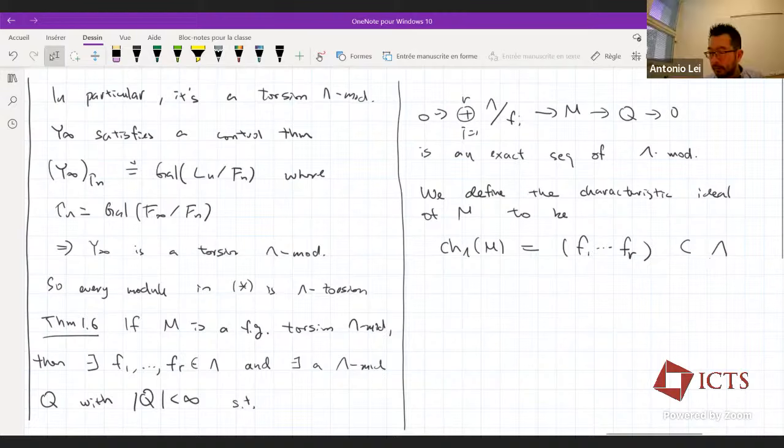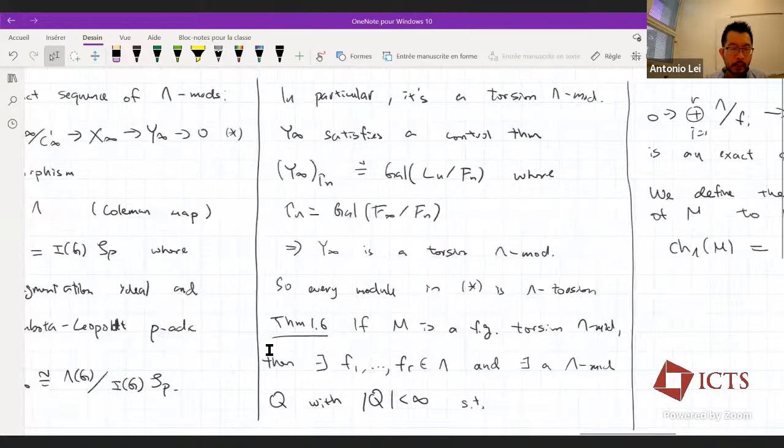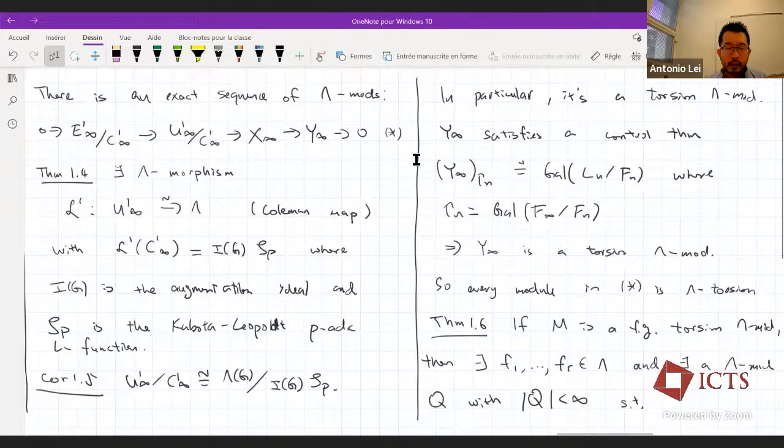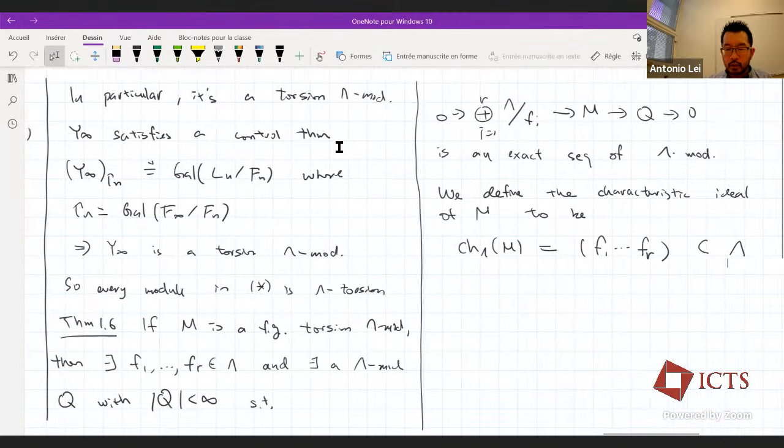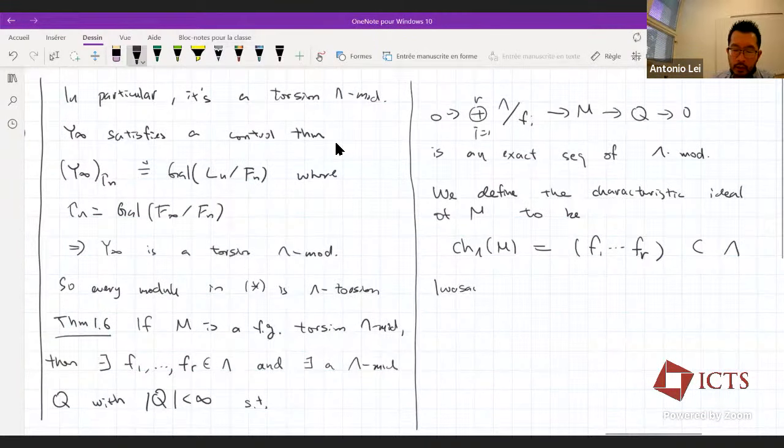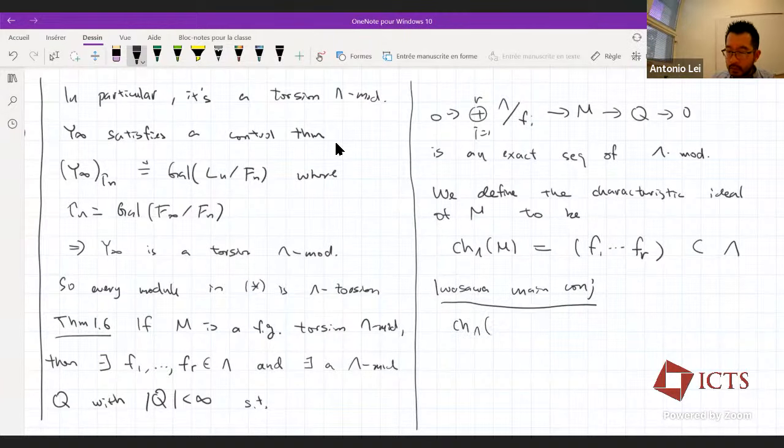Okay. So you have this characteristic ideal, and remember in my exact sequence, all these objects are finitely generated torsion lambda modules. So for each of them, you do have a characteristic ideal. So the Iwasawa main conjecture says the following. It says that the characteristic ideal of E1 infinity over C1 infinity should be the same as the one for Y infinity.